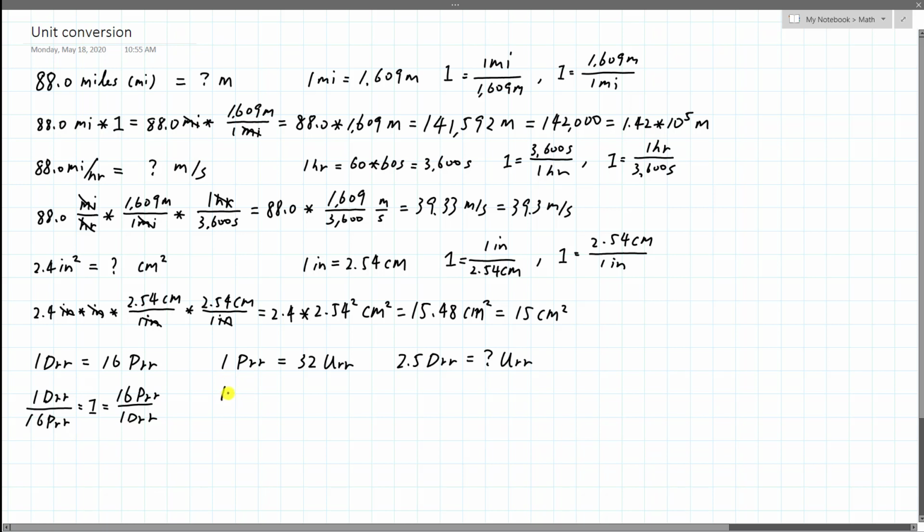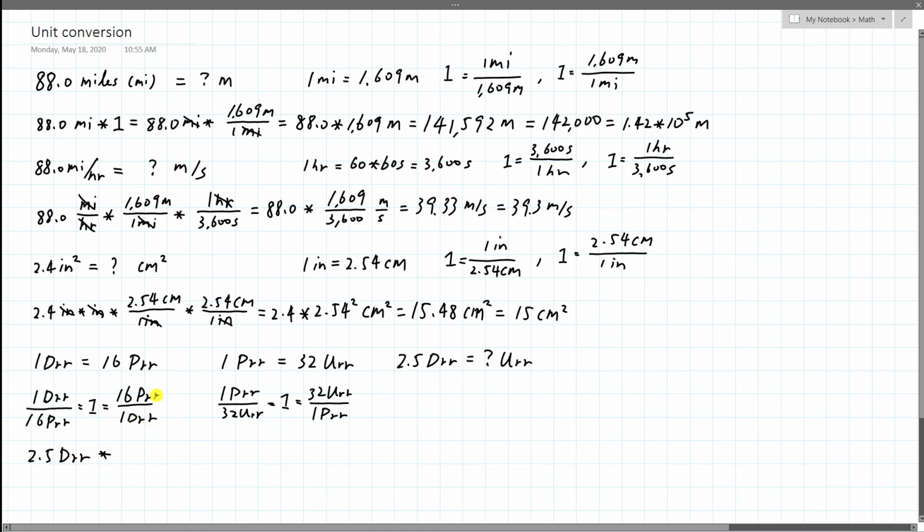And over here, 1 per over 32 is a 1. So is 32 over 1 per. I sound pretty ridiculous, do I? Okay, so we have these bunch of powers of 1s. Now I have 2.5 dir. I want to get rid of dir, so it has to be in the denominator like this.